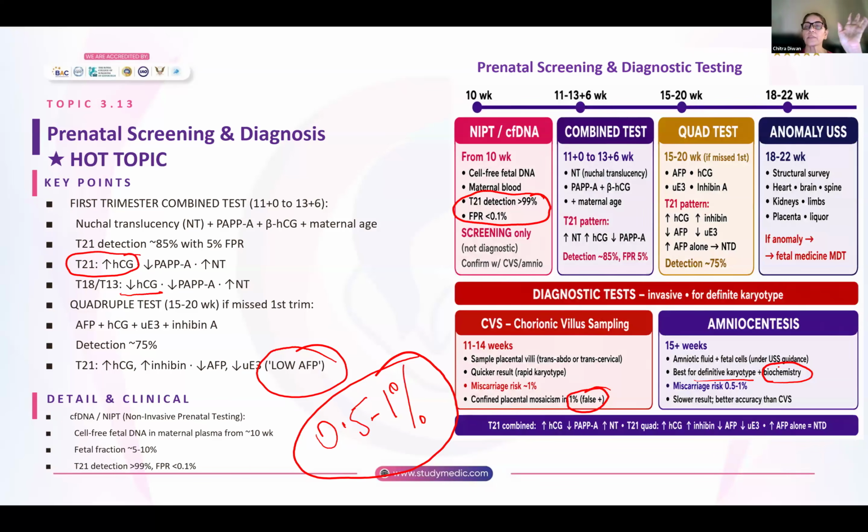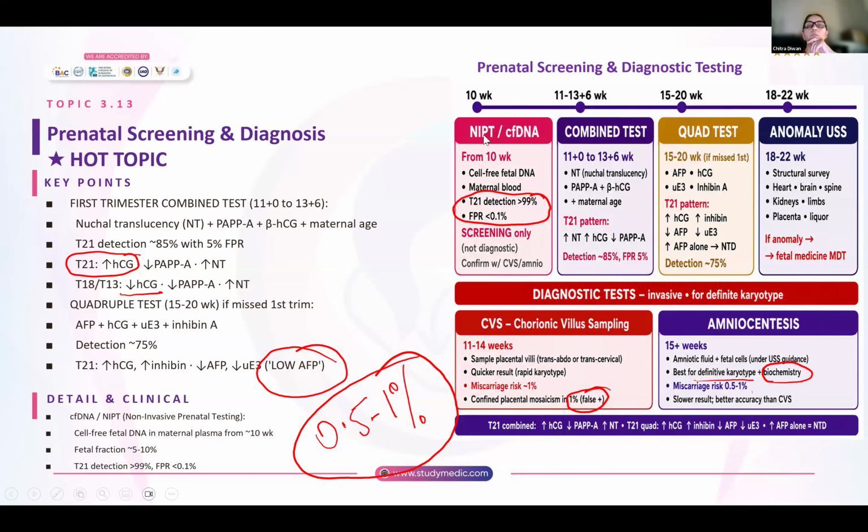Similar to CVS, in the best of hands, the risk of miscarriage is 0.5 to 1%. The results usually take a longer time to come, but the accuracy is better than that with CVS. Okay, so that is all about the invasive testing.